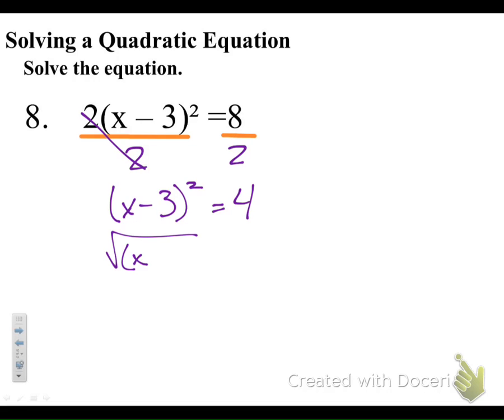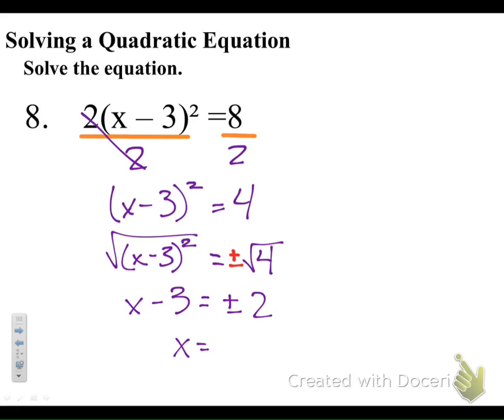You're going to take the square root on both sides to get rid of that square, and you're going to include plus or minus. We need to add 3 on both sides, but we have to realize we're going to then take plus or minus 2. I'm going to get two answers.